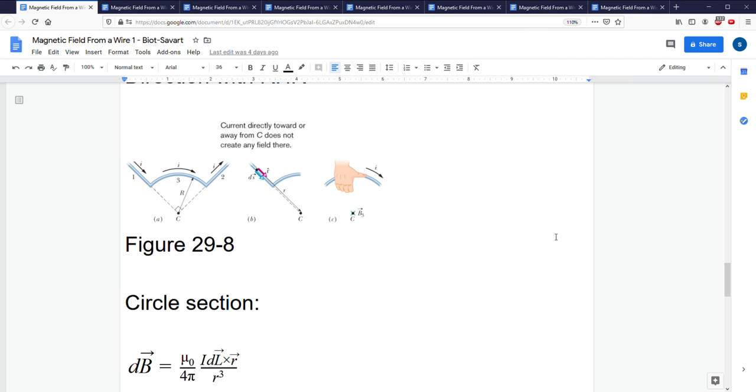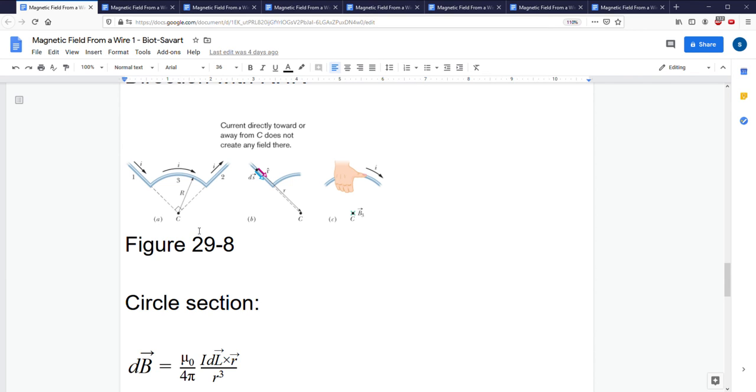Now, another shape of wire that we will see is of a circular section. In a circular section, the wire is curved around a point. We can again find the magnetic field resulting from this at the center point, where it's easy. Anywhere else, we would have to use a bit of trigonometry.